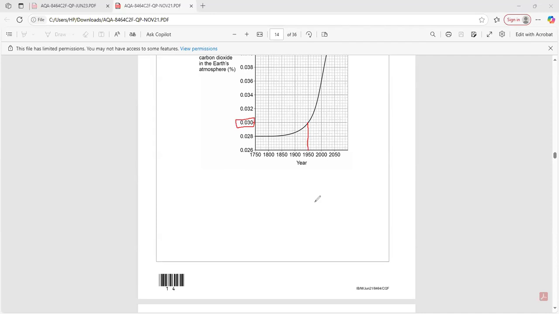Then 1950 to 2000, they said? I think so. Okay, all right, let's assume it's 2000. So I'm tracing it up to 2000, 0.36. So if you subtract that, what would you get? 0.36 minus 0.30 would be 0.006, yes, isn't it? Okay. All right.